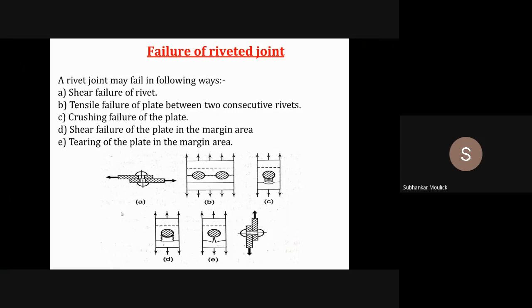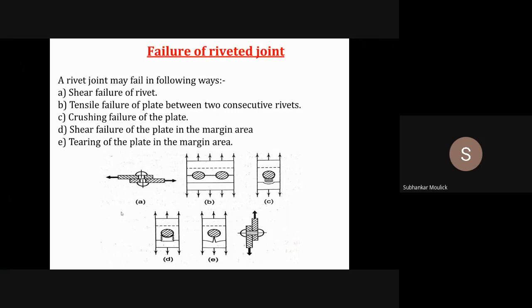Second one is tensile failure of plate between two consecutive rivets. Third one is crushing failure of the plate, the fourth one is shear failure of plate in the marginal area, and the last one is tearing of the plate in the marginal area.